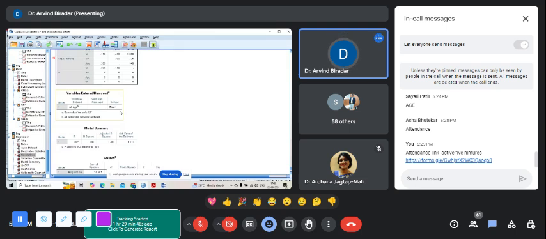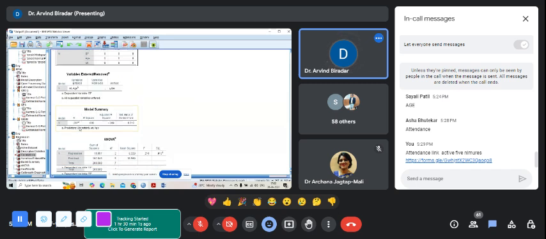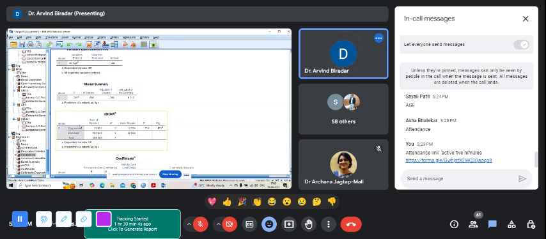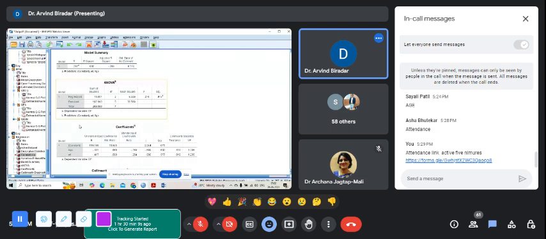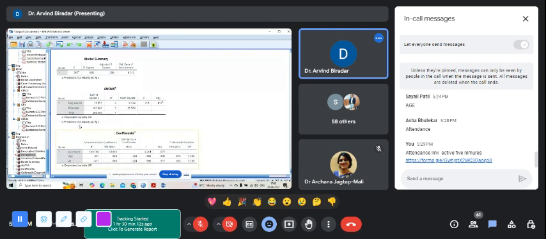The next part is the regression output. The R square value is there, 0.08. Okay, R square is 8%.